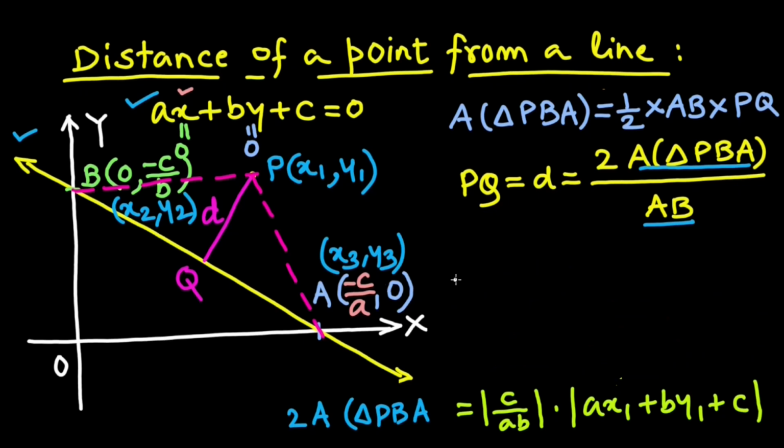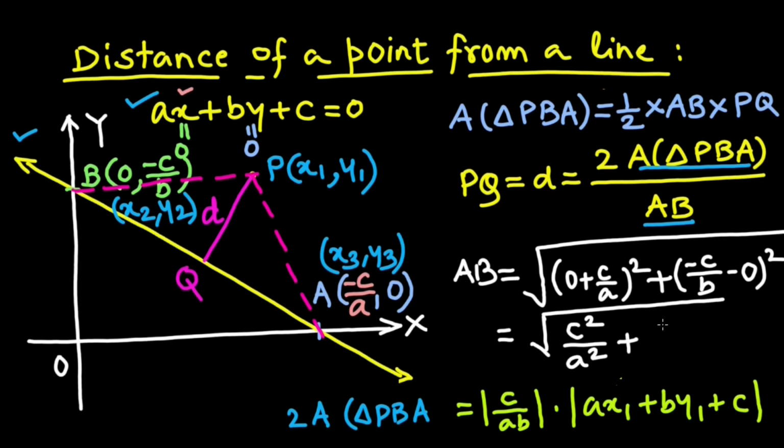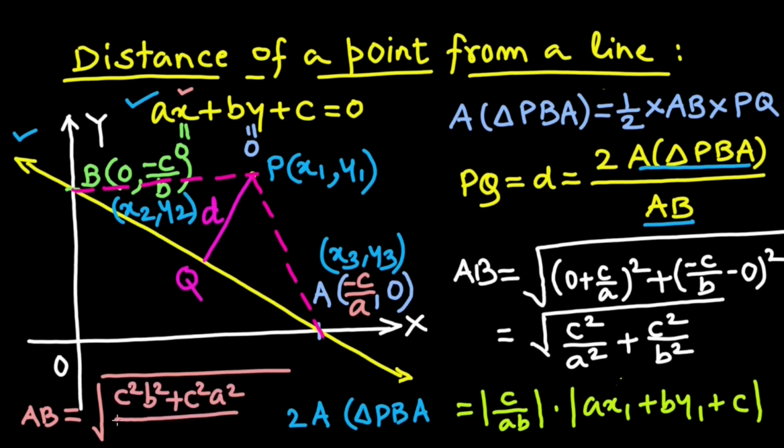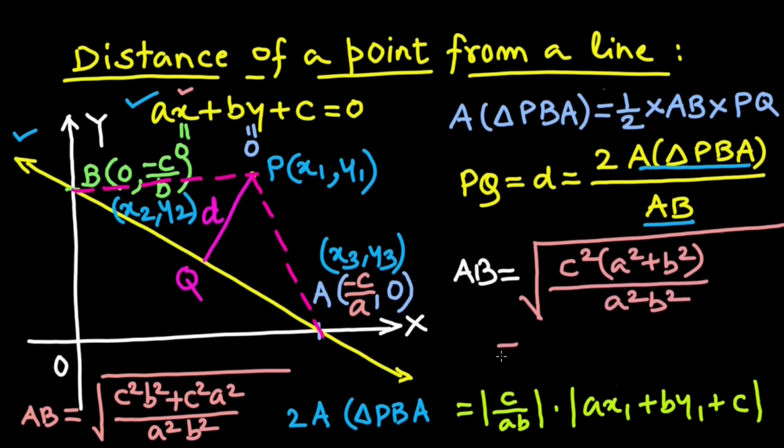Next, we will find distance AB by the distance formula. We write AB equals under root (0 plus c upon a) whole squared plus (minus c upon b minus 0) whole squared, which will be under root c squared upon a squared plus c squared upon b squared. AB will be under root (c squared b squared plus c squared a squared) by a squared b squared, which will be under root, taking c squared common, (a squared plus b squared) upon a squared b squared.